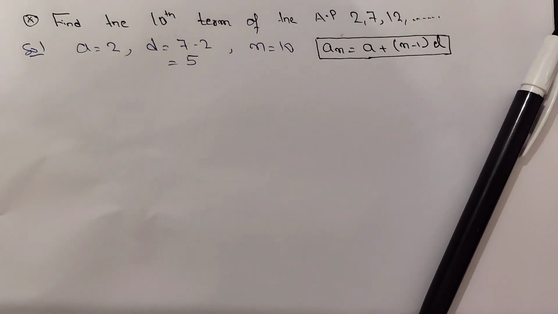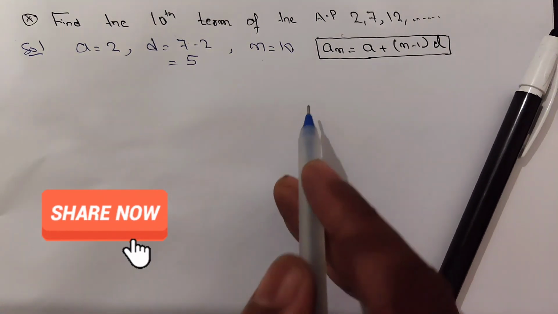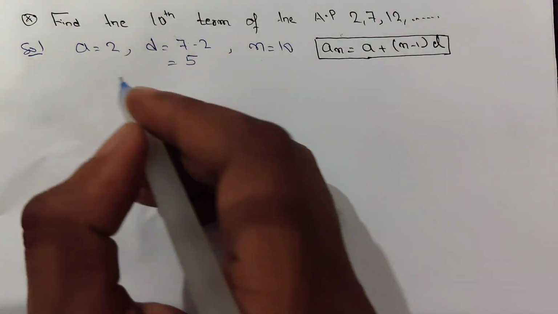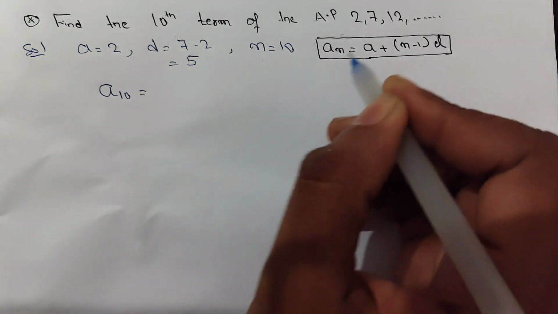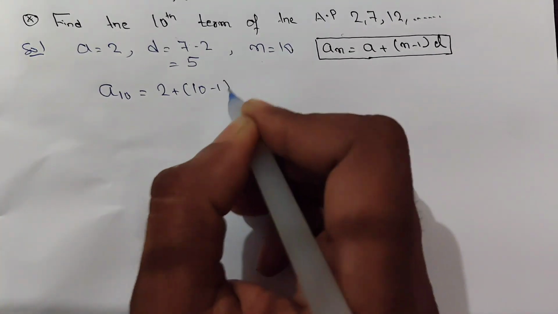This is the formula you are going to use in the question. We have to find n, which is 10. So we'll write a10, and instead of n put 10. The value of a we already know: 2 plus (n minus 1), where n is 10, minus 1, and d is 5.